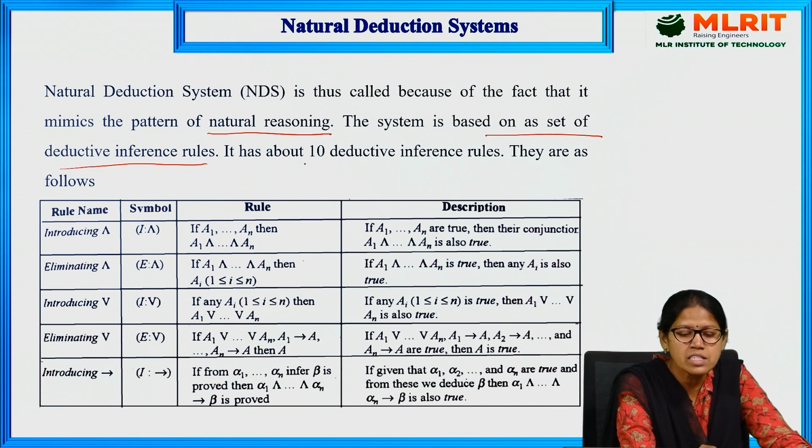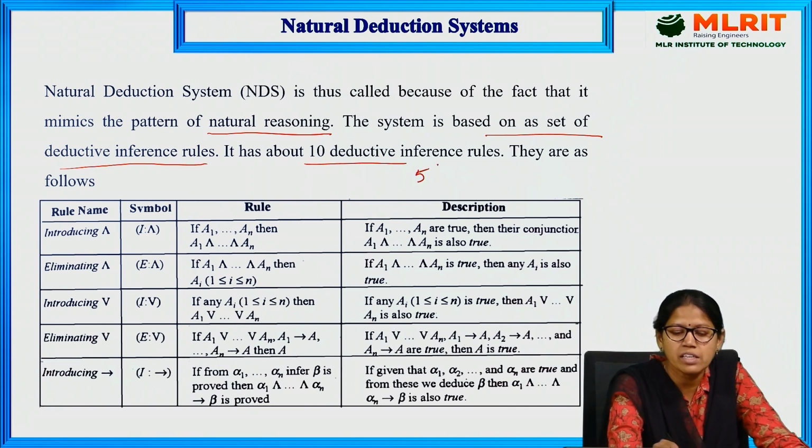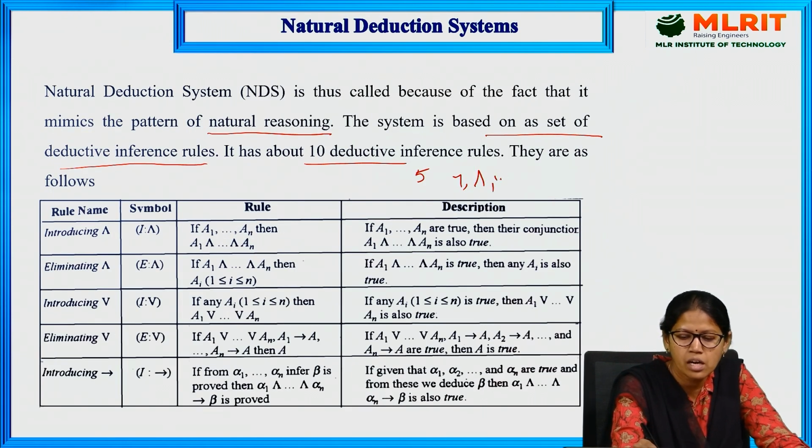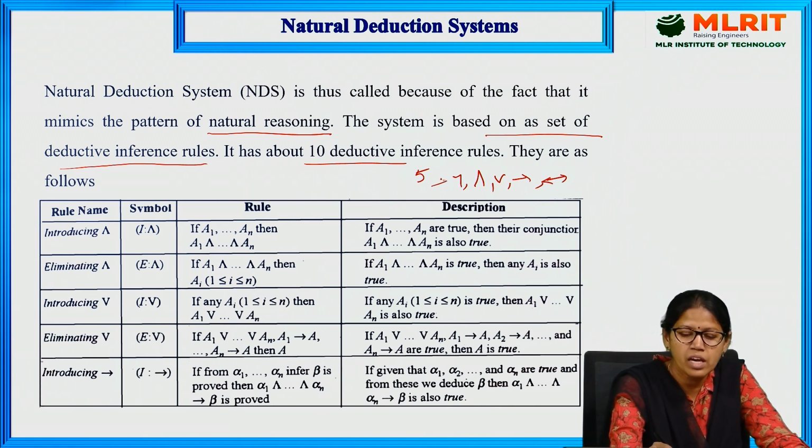So it contains 10 deductive inference rules, which means we have 5 connectives: negation, and, or, implies and equivalence. For each connective, we have 2 deductive inference rules, that is, one for introducing and another for eliminating.